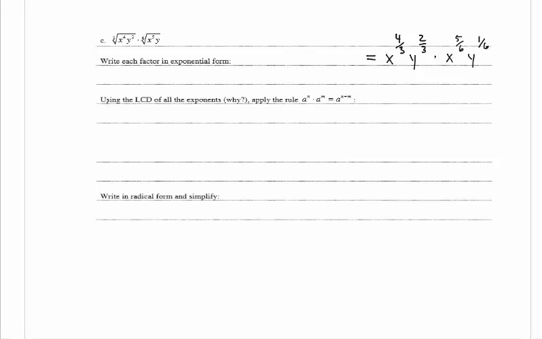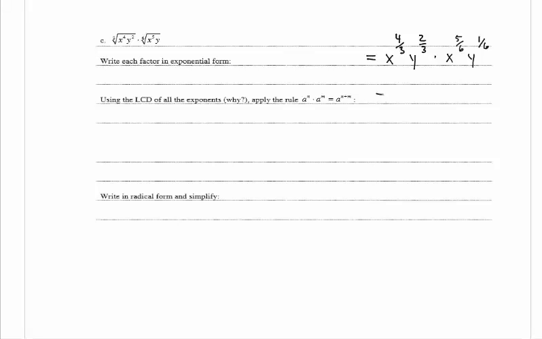And now it says, using the least common denominator of all the exponents, apply the rule a to the n times a to the m is equal to a to the n plus m. So we want to combine our x factors and our y factors.